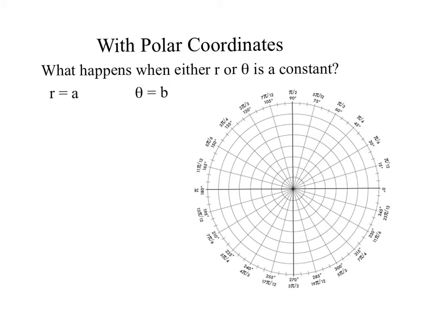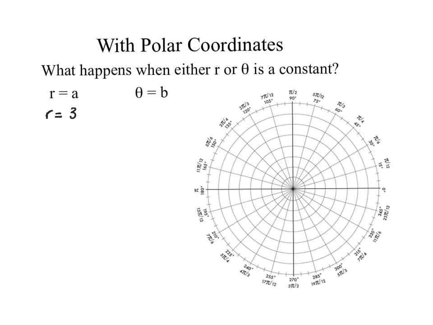So with polar coordinates, we can talk about single variable functions in terms of r equals a, where a is some number. And if I define r as being equal to 3, then this is talking about a radius of 3.